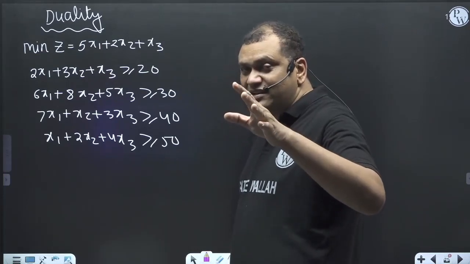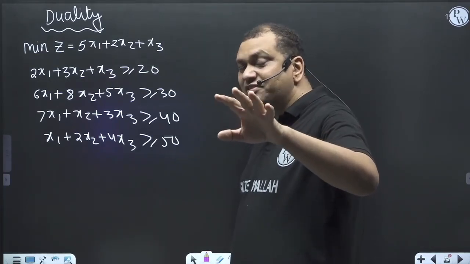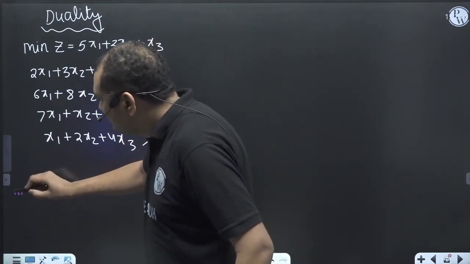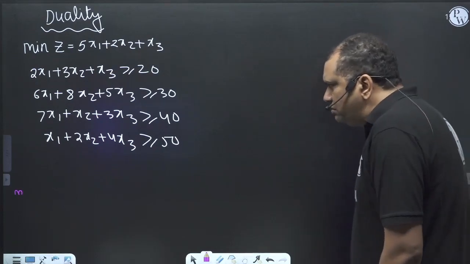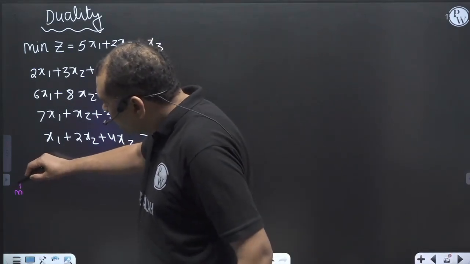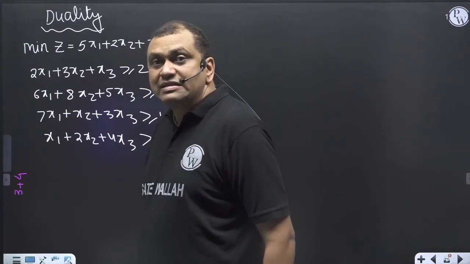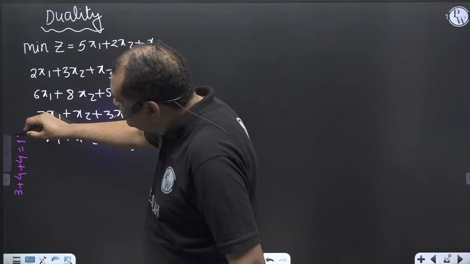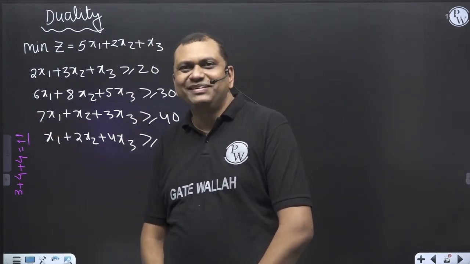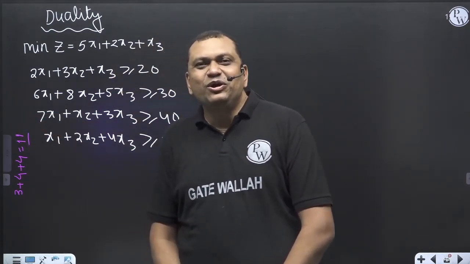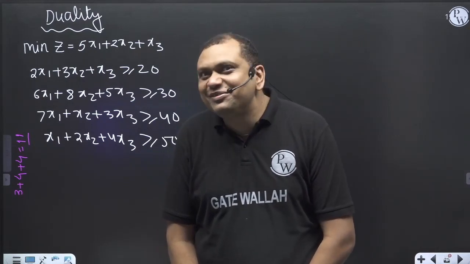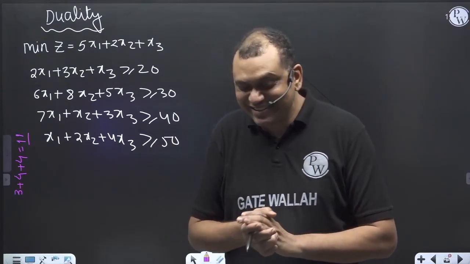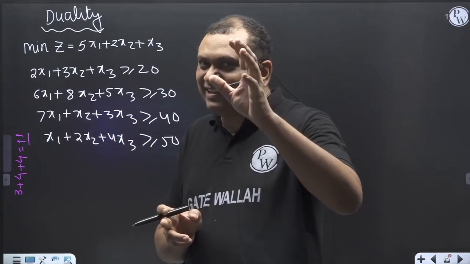So imagine the objective function will have how many variables? 3 normal variables, 4 surplus variables, and 4 artificial variables. So the objective function will have 11 variables. Alright, there is a limit, na? There is a limit to do anything. So that is the reason there is a dual.